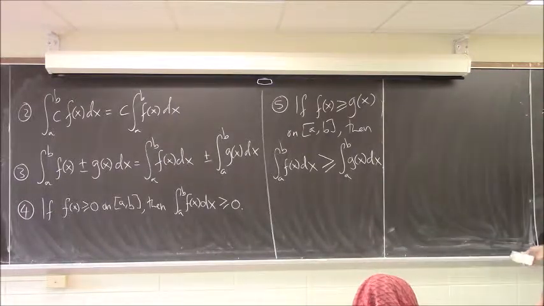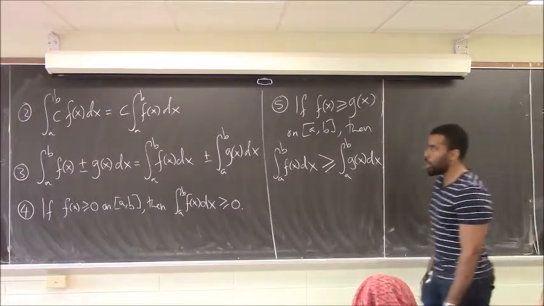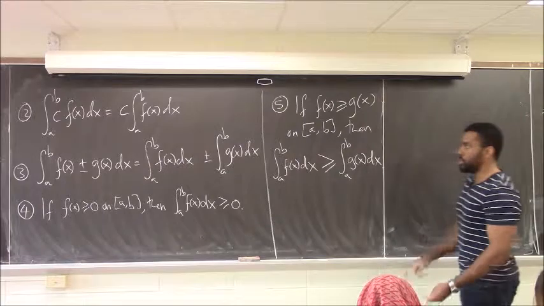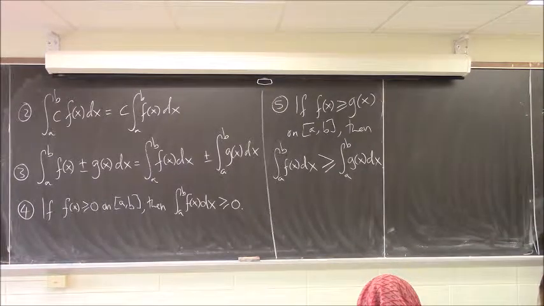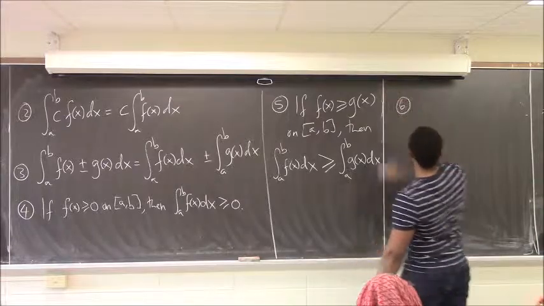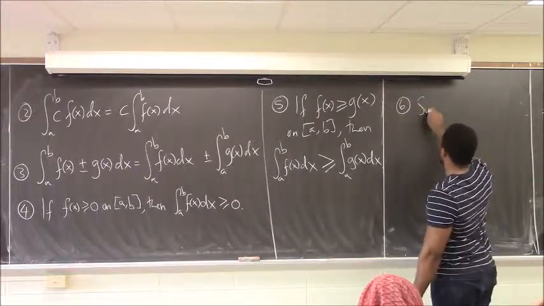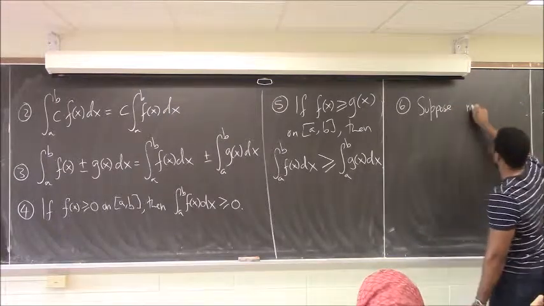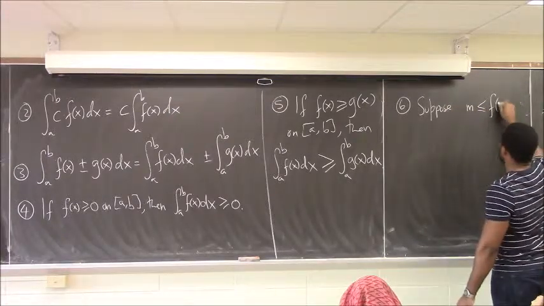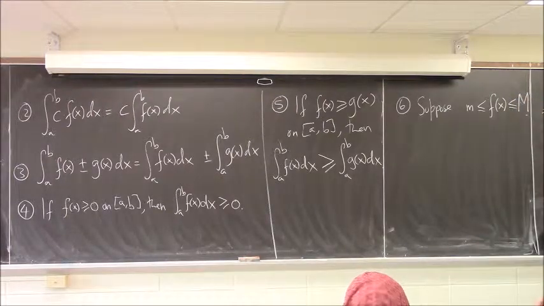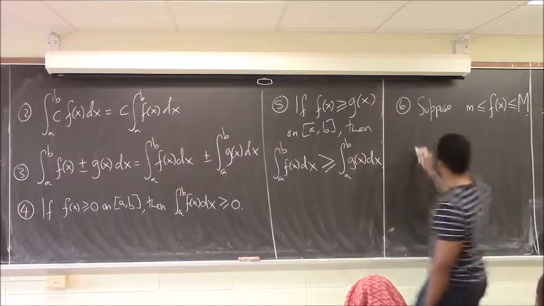And again, a lot of these follow very easily from the Riemann sums approach. If you just write these guys as summations, you can split up summations in this particular way. Another property. Suppose your f is what we call a bounded function, meaning that there's some number that it's always larger than and some other number that it's always smaller than on some interval.